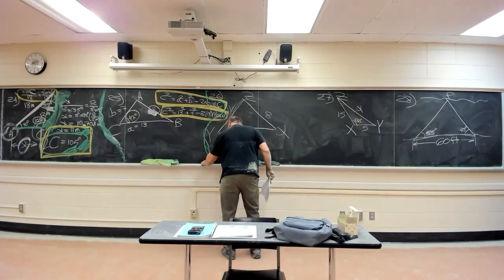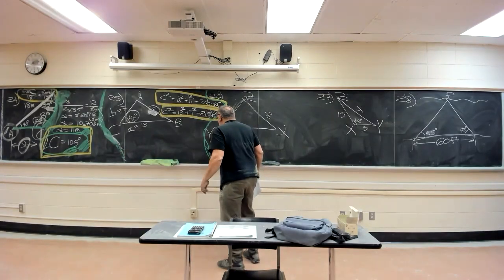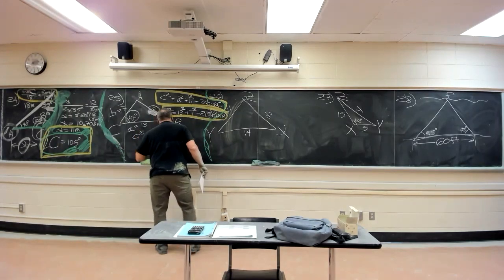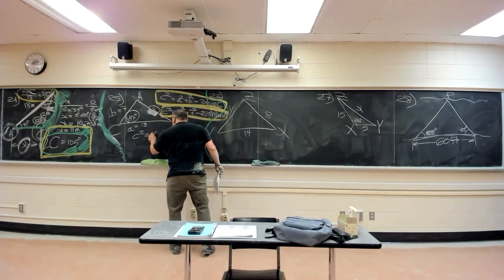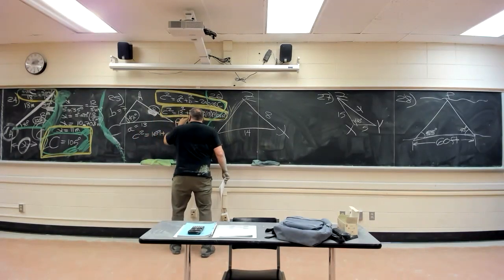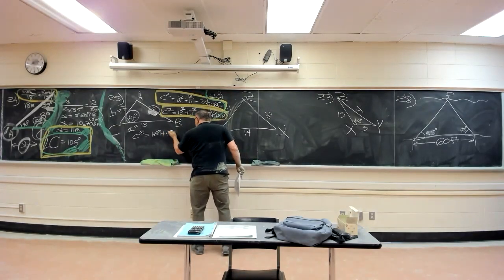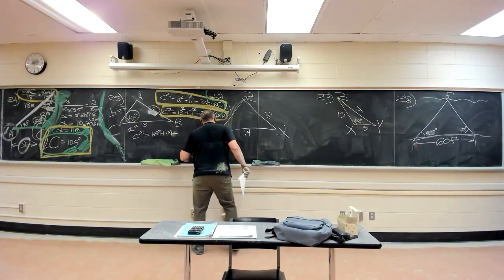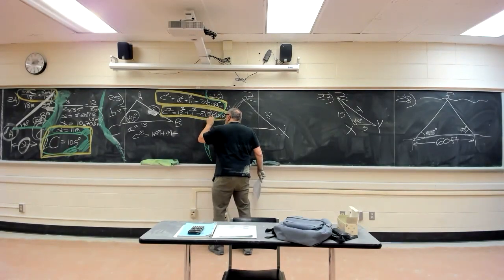So what do we got here? What we got here is C squared equals 169 plus 49, minus 2 times 13 times 7. Well, what's going on with that? 7 times 13 is 91.